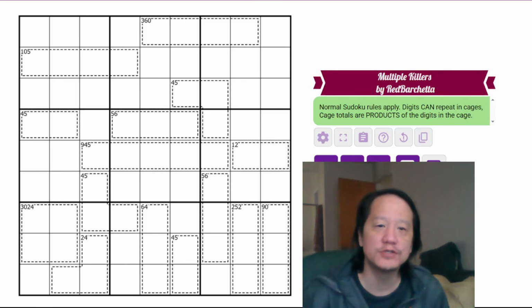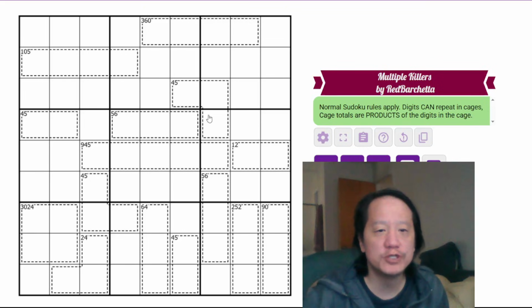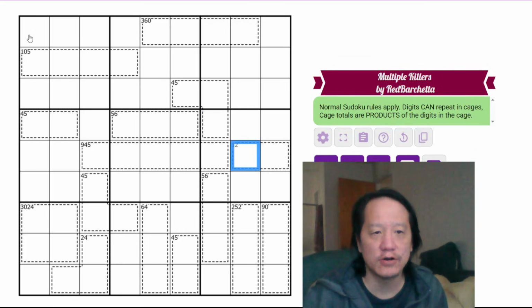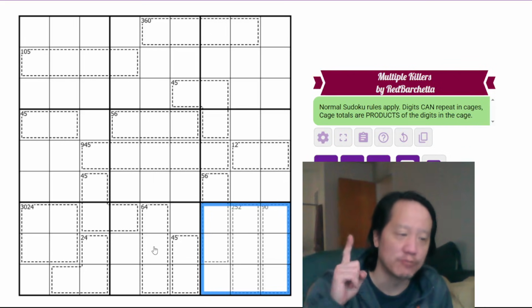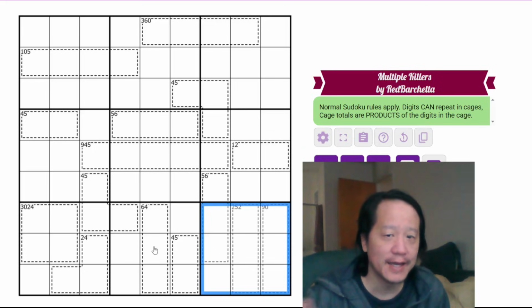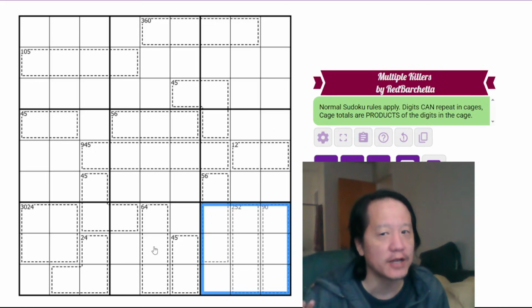Normal Sudoku rules apply, which means in every cell in the grid, place a single digit from 1 through 9 such that there are no repeats in any row, column, or designated 9-cell region. Digits can repeat in cages, and cage totals are products of the digits in the cage.